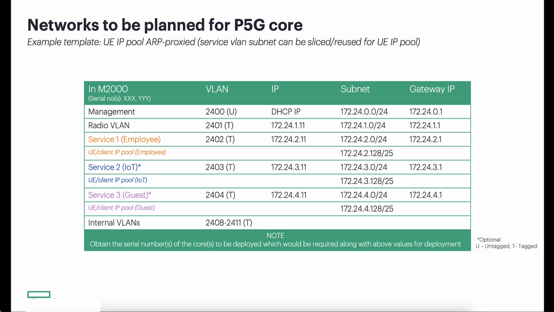Another point to note is that we will use rproxy, which means we will use a subset of the service VLANs as IP pools for the UEs or the end clients, instead of having a dedicated subnet for UEs. For more details about these parameters and the template, please refer to the on-site network infrastructure planning video.